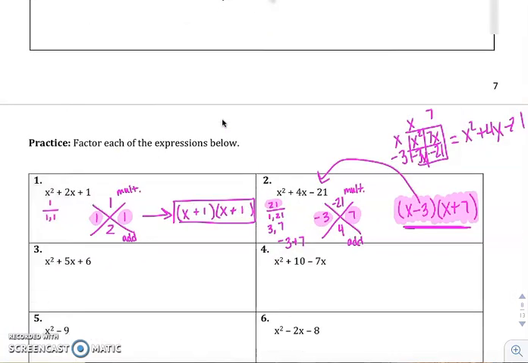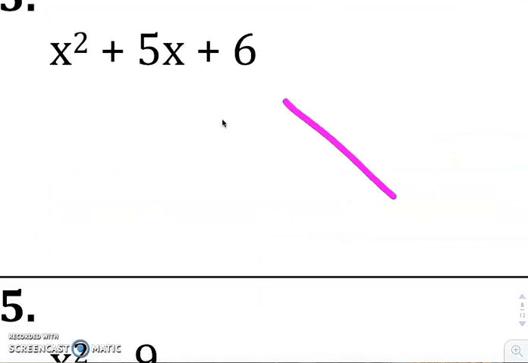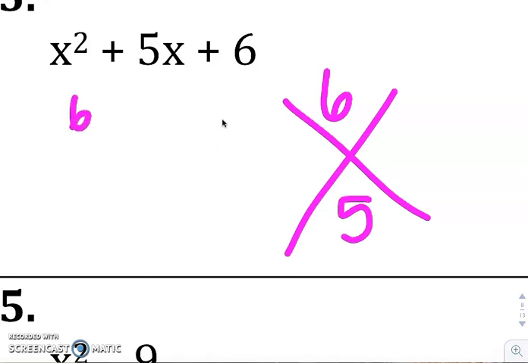So how about number 3? What is going to multiply to get us 6, but add to get us 5? So 1 and 6, 2 and 3. So 1 and 6, if we were subtracting or something, we could get the 5. But because this 6 is positive, they either both need to be positive or both need to be negative.